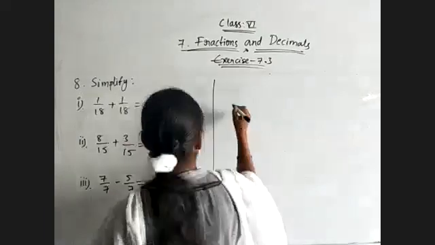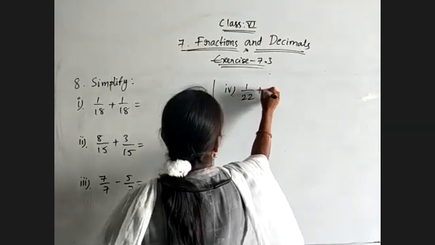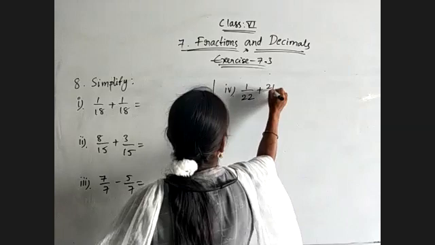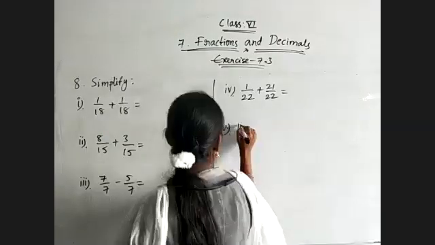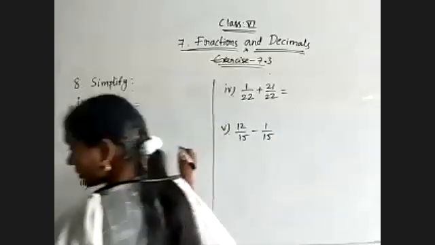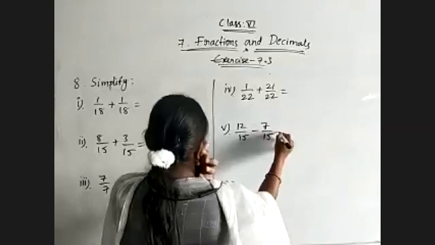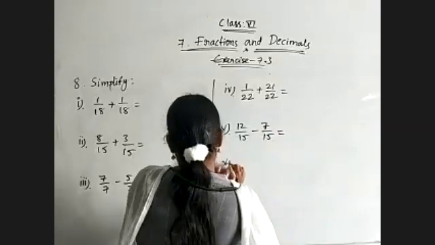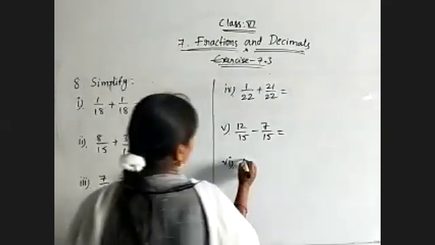And fourth question, 1 by 22 plus 21 by 22. Fifth, 12 by 15 minus, sorry, minus 7 by 15. And sixth problem, 5 by 8 plus 3 by 8.